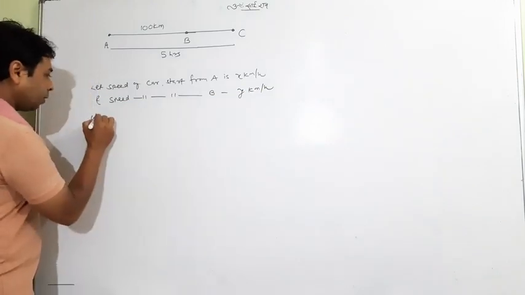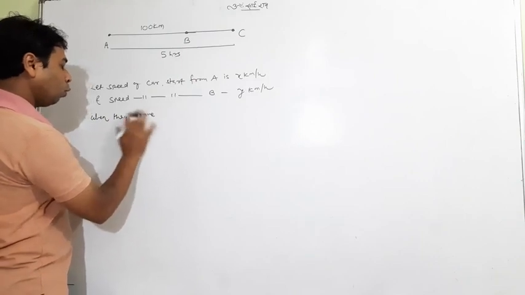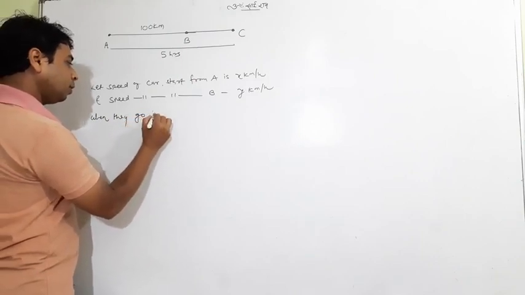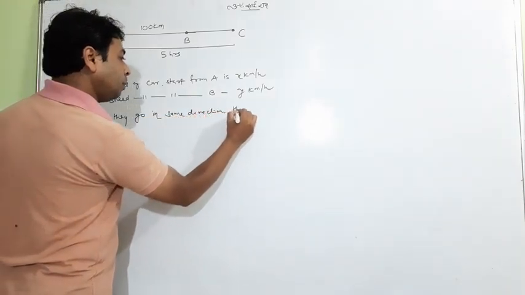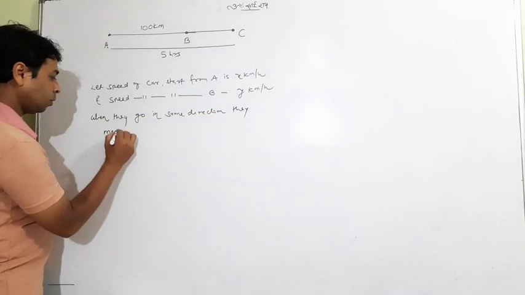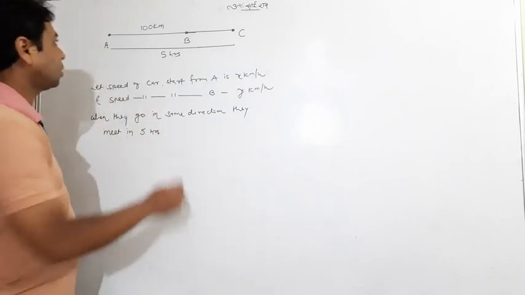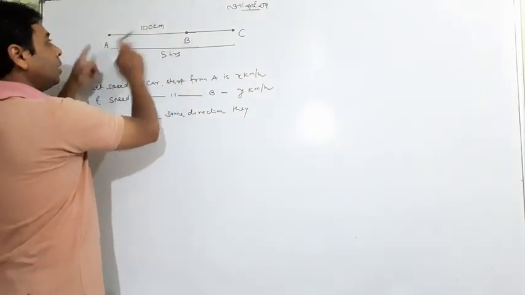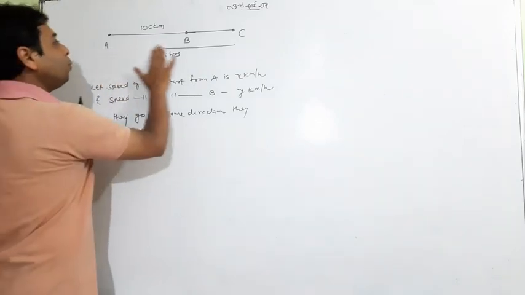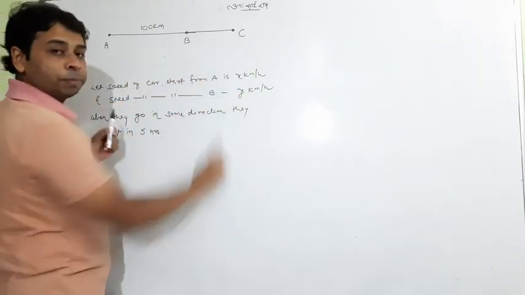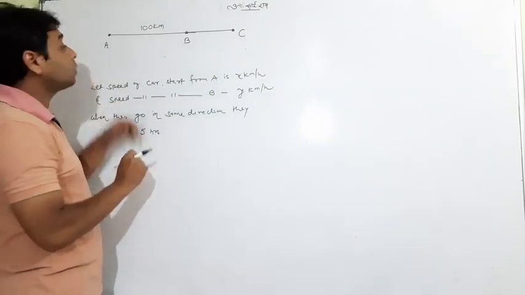Now when they go in the same direction, they meet in 5 hours. The distance from A to B is 100. They meet after 5 hours. So my main task here is to find the distance from A to C and the distance from B to C.